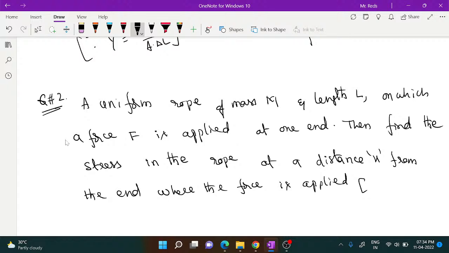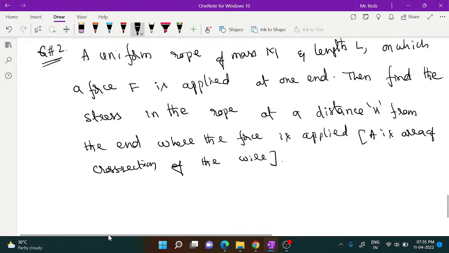In bracket it is given that A is area of cross section of the wire, right? So different options are given.